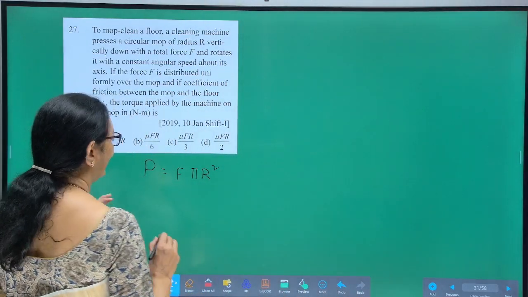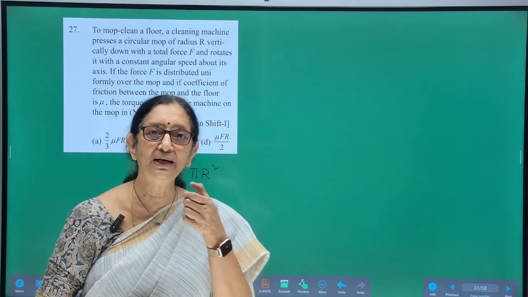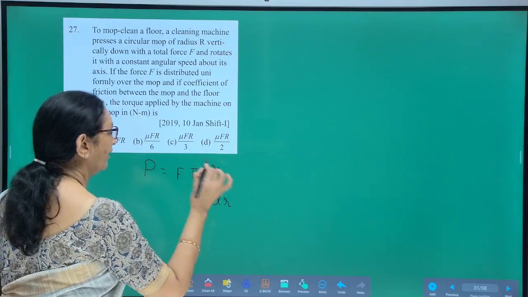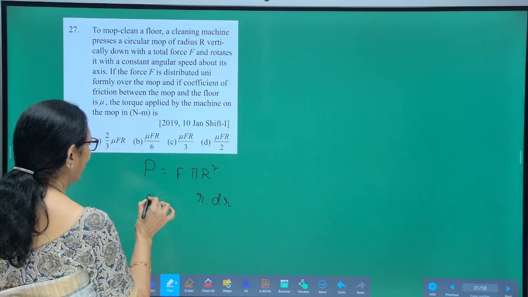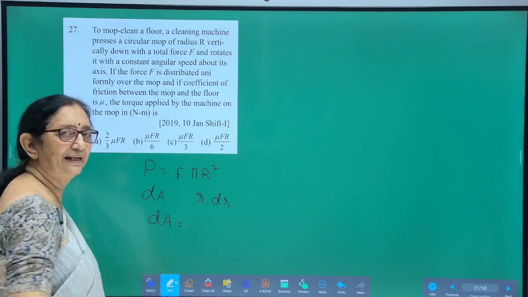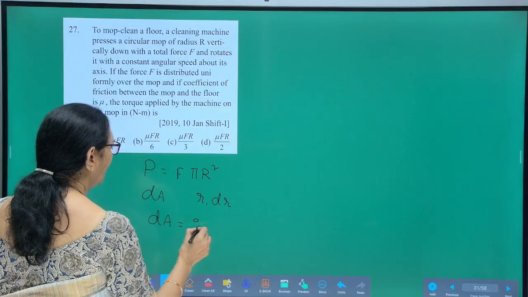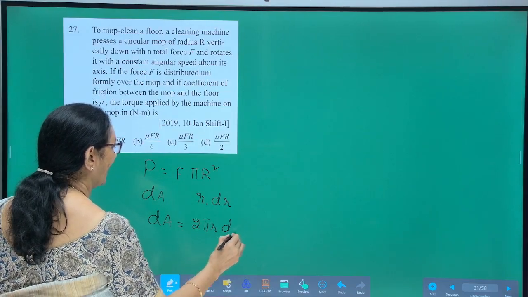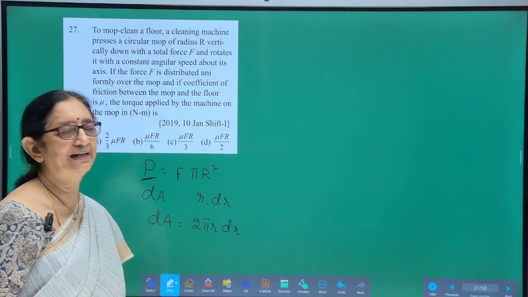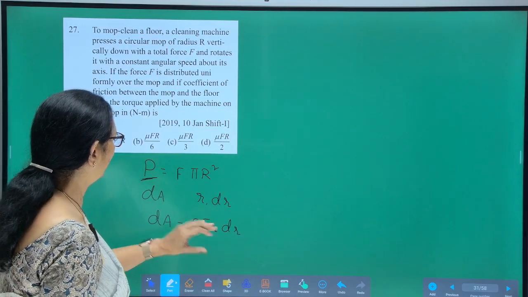Now, let us try to find out the force exerted on a small annular disc of radius r, thickness dr of the mop. So, the area of that circular annular disc considered is 2 pi r into dr. So, the force exerted on that annular disc is pressure into area.